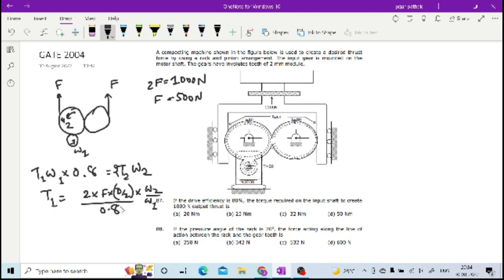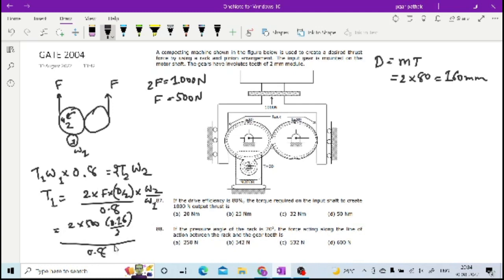Now this D you have to calculate from the module. The module is given as 2 mm and the number of teeth is 80, so you will have 160 mm as the diameter. So now you have all the values. 2 into 500 into 0.16 divided by 2 divided by 0.8, into omega 2 by omega 1.